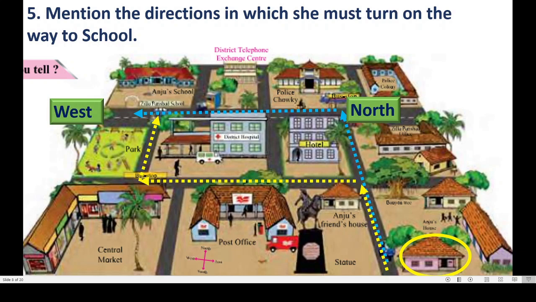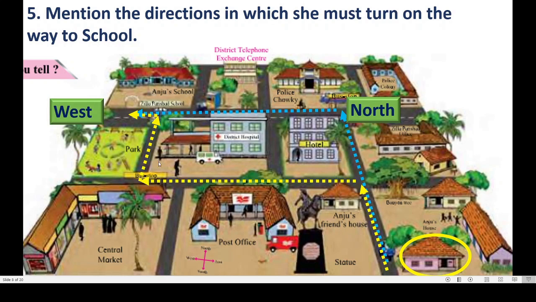She selected the north direction and afterwards a little west, and she reached her school. Got this, children? Upper side means north, downside means south, to the right is east, and to the left is the west direction.